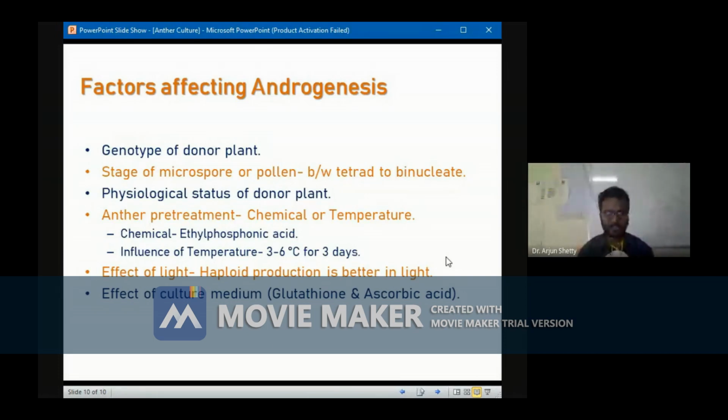Now coming to the first factor affecting androgenesis: the genotype of the donor plant. What do we mean by the genotype of a donor plant? The genotypic condition of the donor plant should be very viable. It should not form non-viable or dormant pollen grains. The genotype of the plant should be such that all the pollen grains, all the anthers, all the stamens are fertile, viable and highly active.